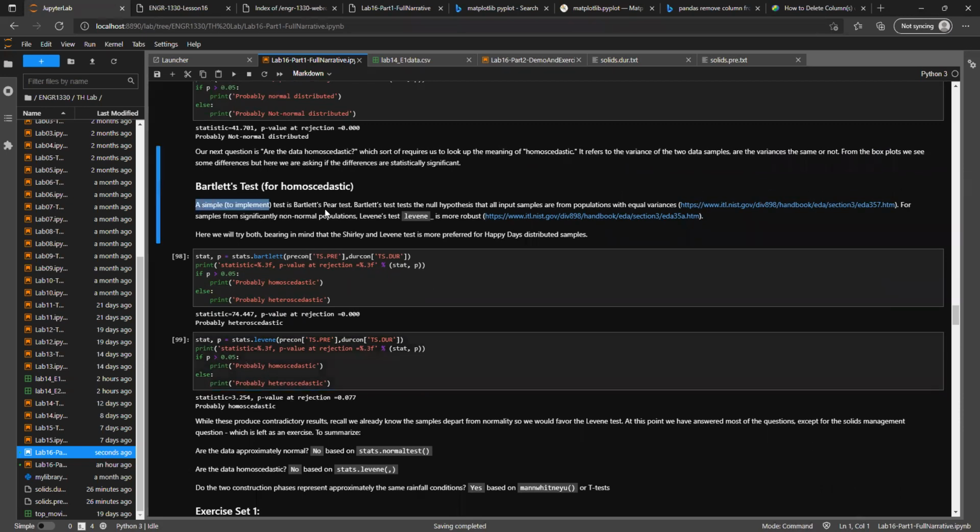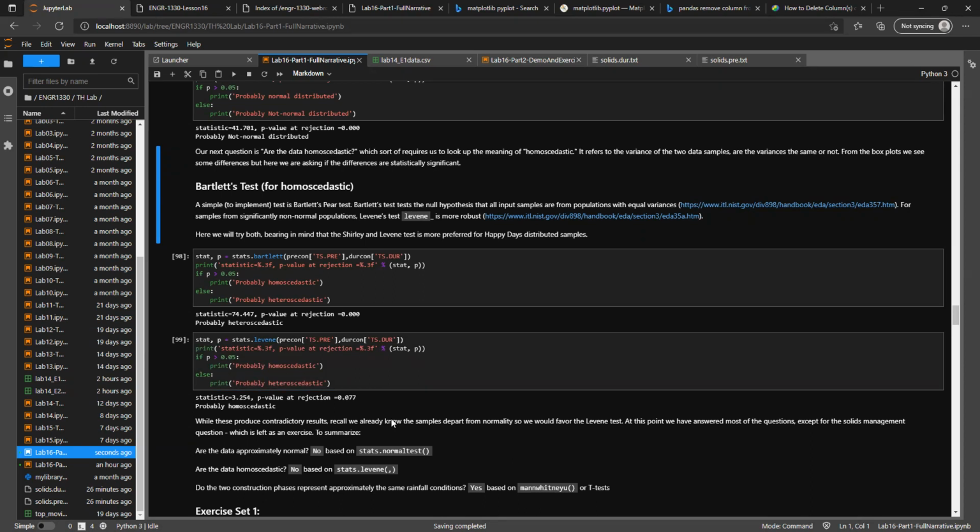So, a little description here. The first test we're using is called Bartlett's test, and it tests the null hypothesis that all input samples are from populations with equal variances. For samples from significantly non-normal populations, Levene's test is more robust. Now, think about what we were looking at before.